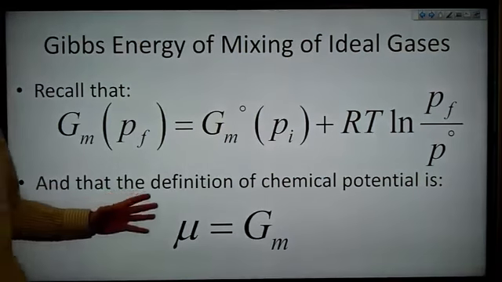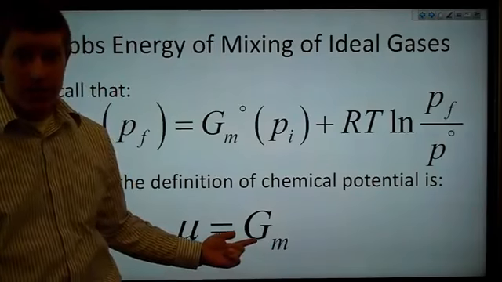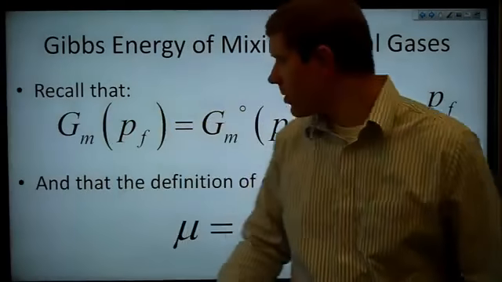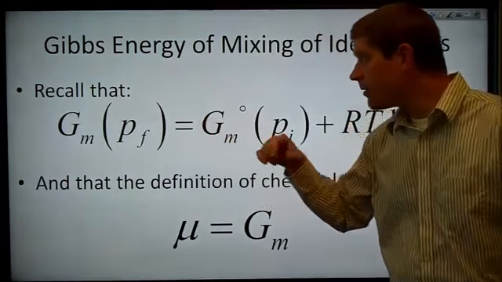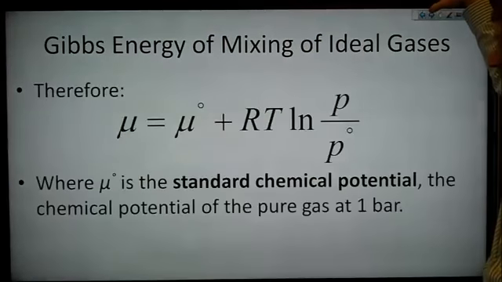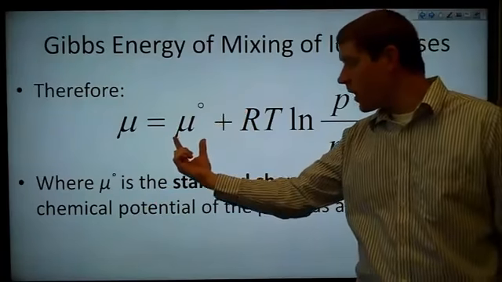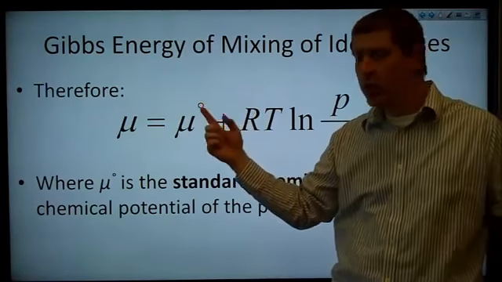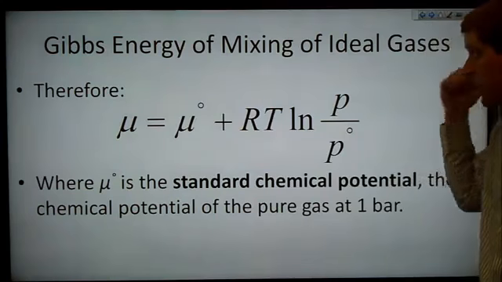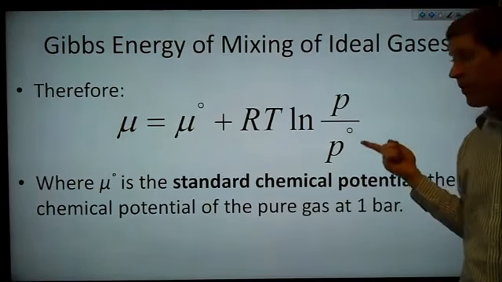And also that the definition of chemical potential, mu, is the molar Gibbs energy. So now this is the chemical potential at that pressure. So that means that the chemical potential is equal to the chemical potential at our standard conditions, plus RT times the natural log of the ratio of our two pressures.